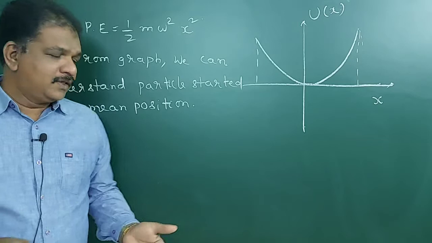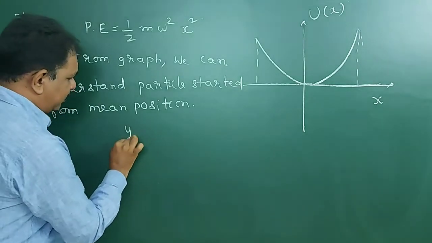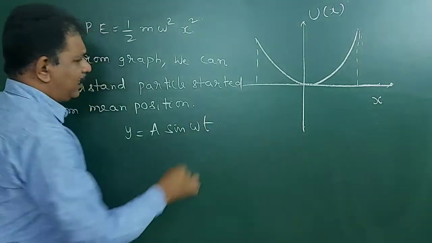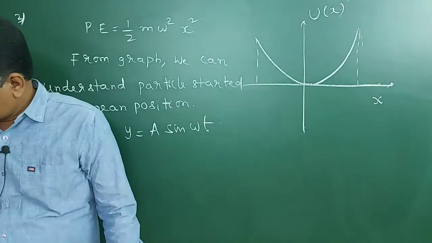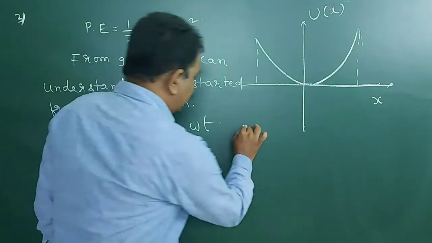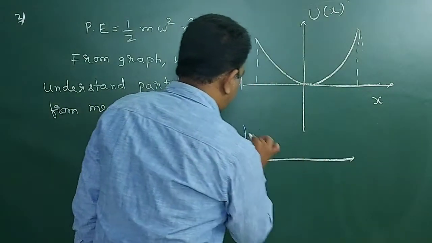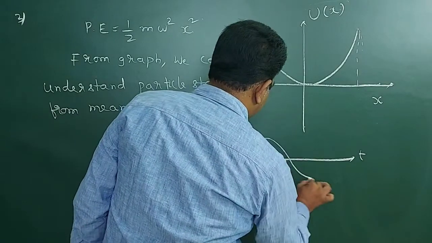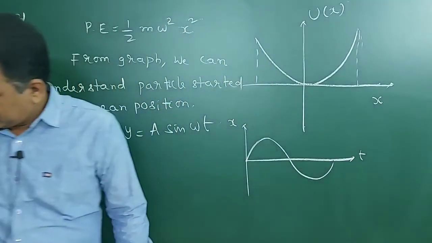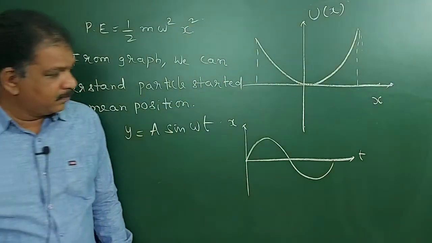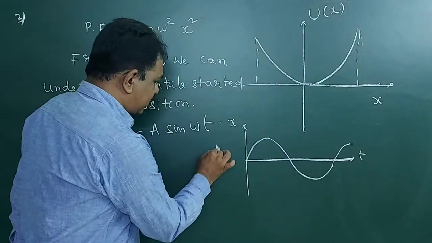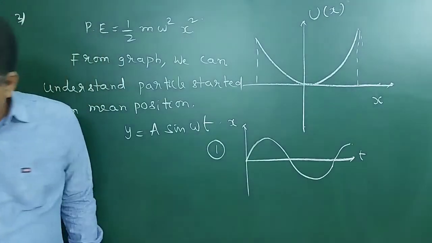So, which equation will be correct? Y is equal to a sin omega t. Then how will the graph be between displacement and time? If you draw the graph, the shape will be like this. Okay. So it goes on like this. First option will be correct for it.